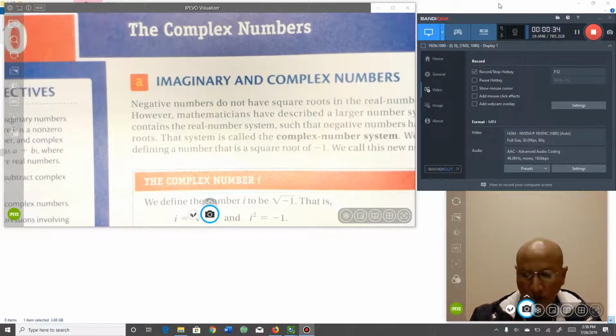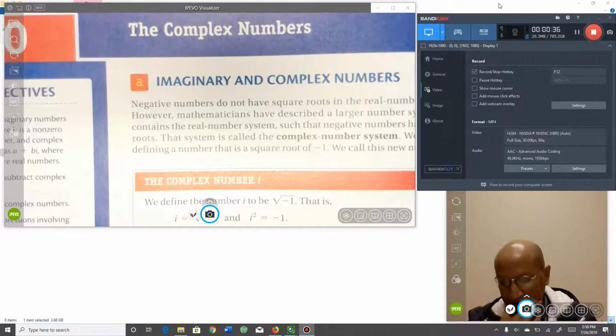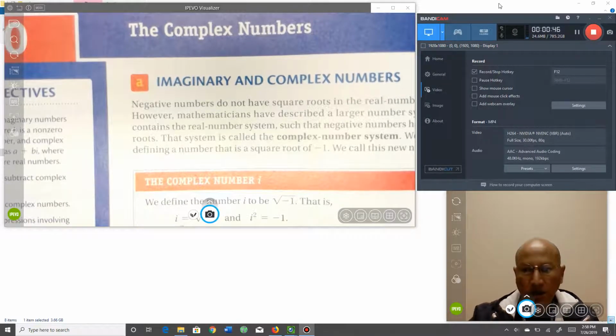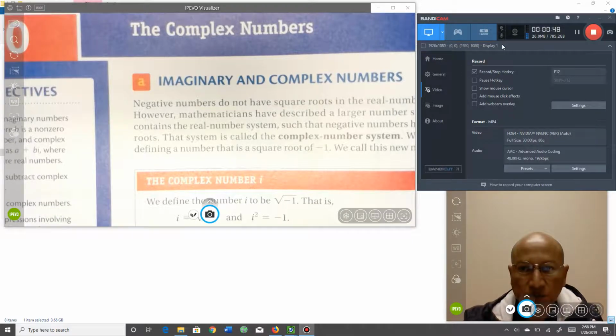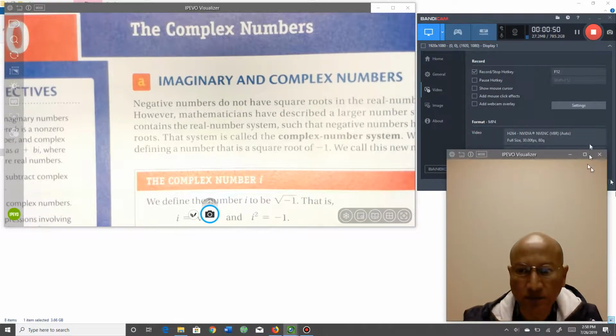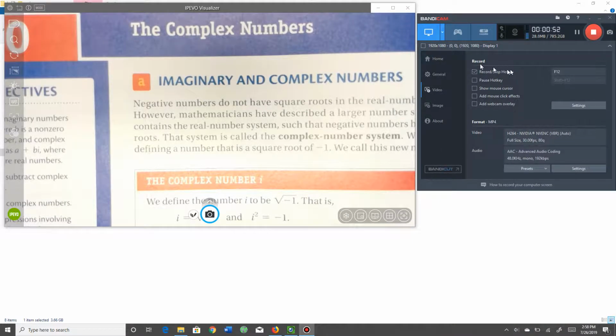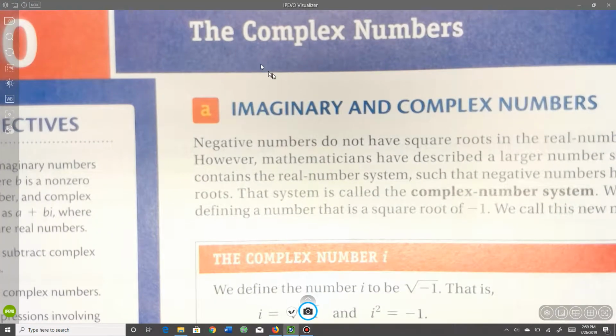However, I think the rules are simple because you can treat an imaginary value, the i value, like this one. Let me go ahead and expand the screen here really quick so you can see better.